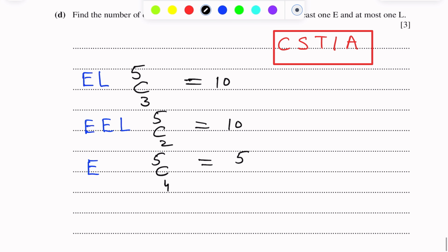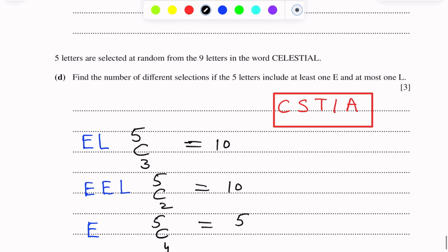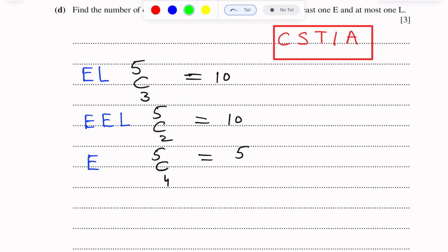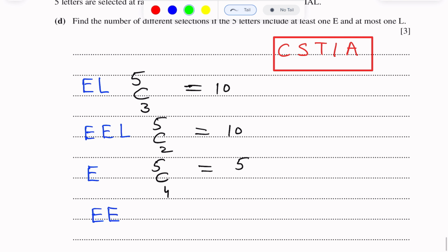Another last option is we are taking only two E's and no L. We have selected two E's, but we have to select total 5 letters. So the remaining three letters we will select from C, S, T, I, A. So we write 5C3, which is 10.